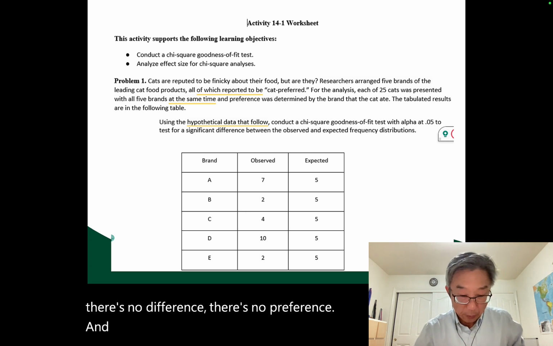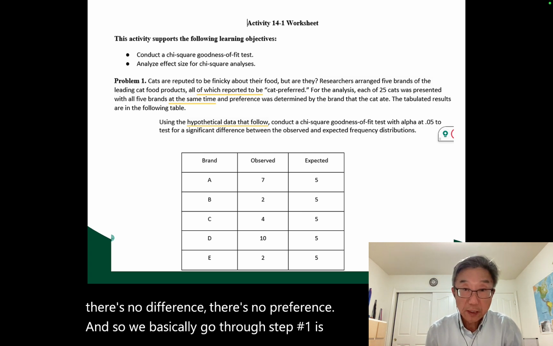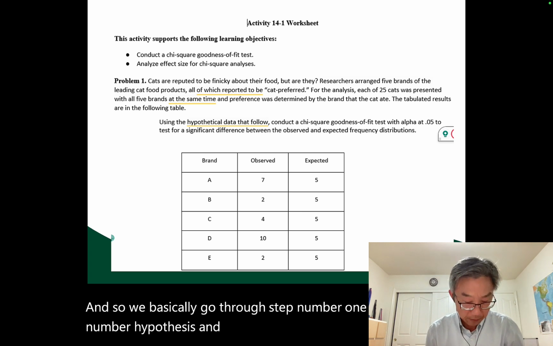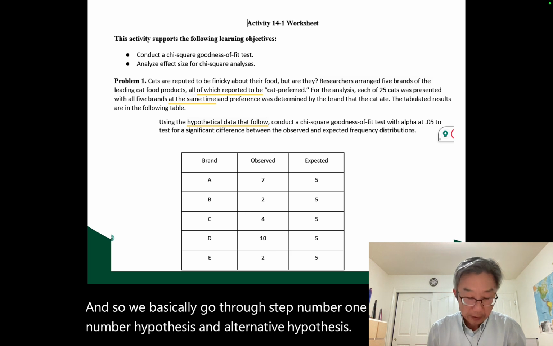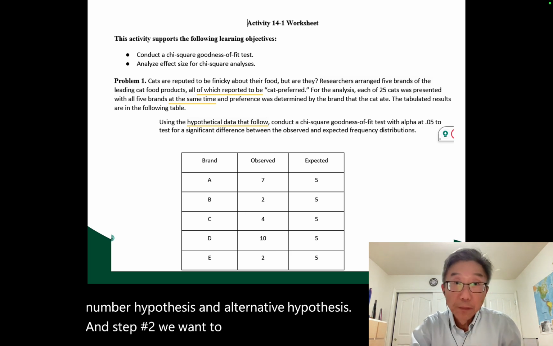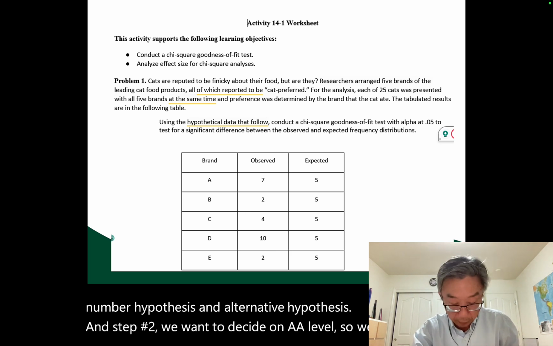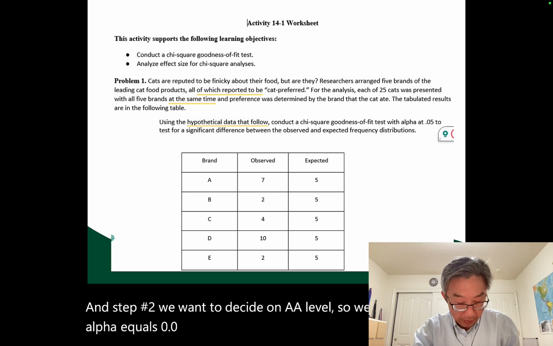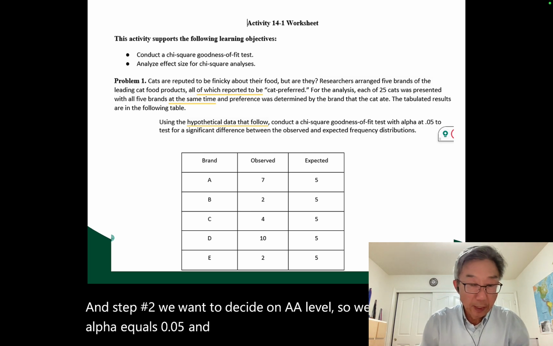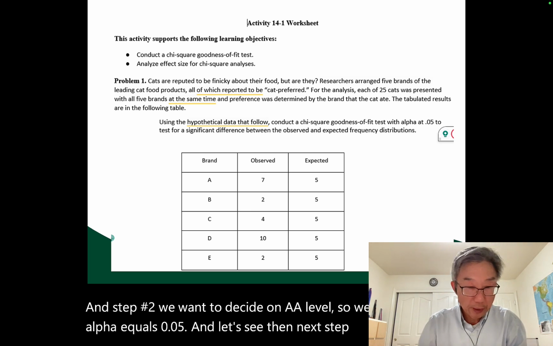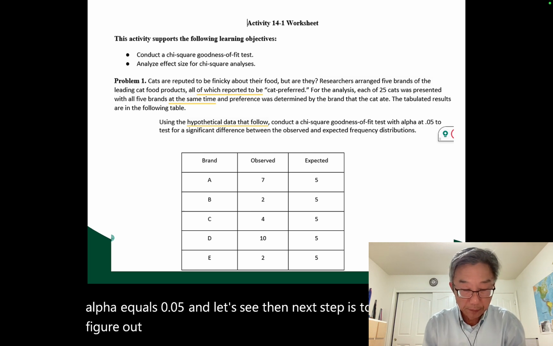And so we basically go through the steps. Step number 1 is to state the null hypothesis and the alternative hypothesis. Step number 2, we want to decide on alpha level. So we're going to use alpha equals 0.05. Then the next step is to figure out the test statistic.